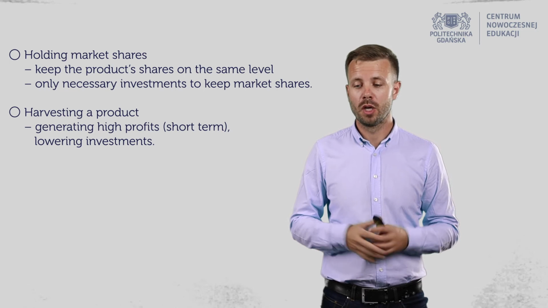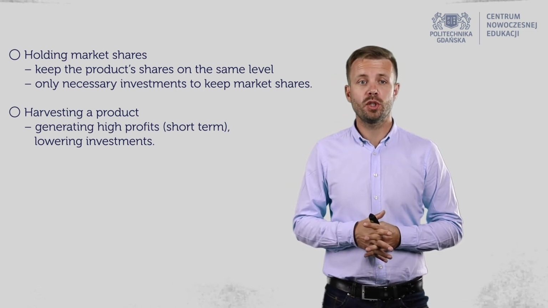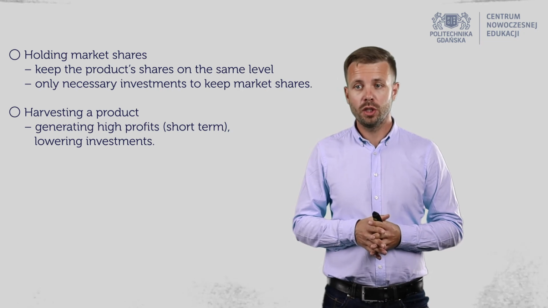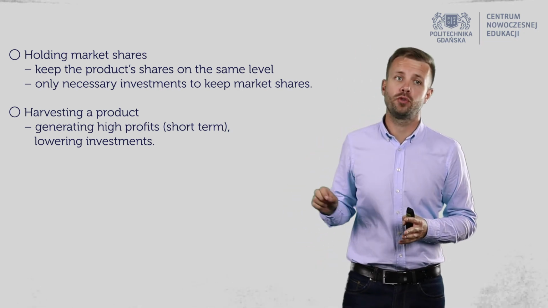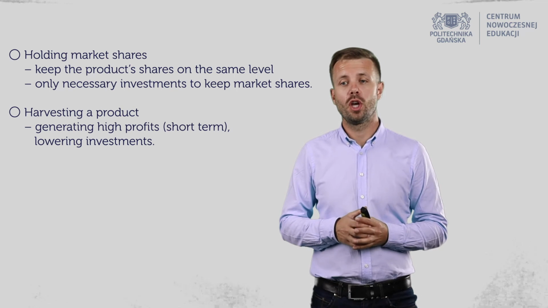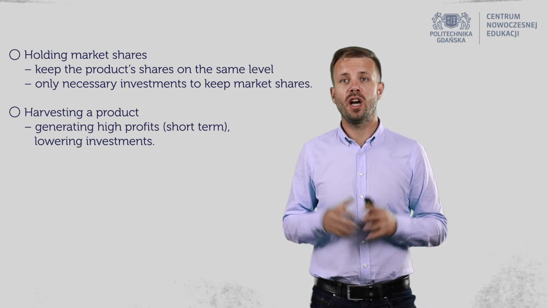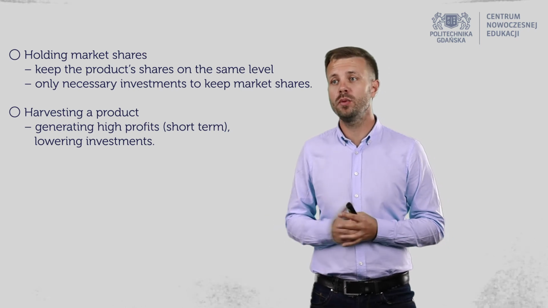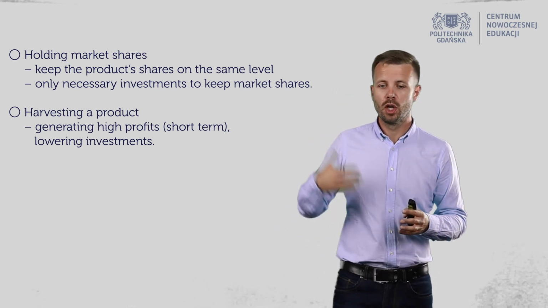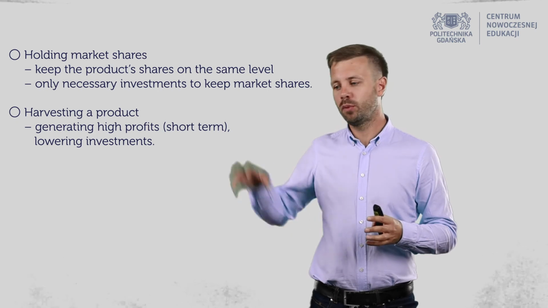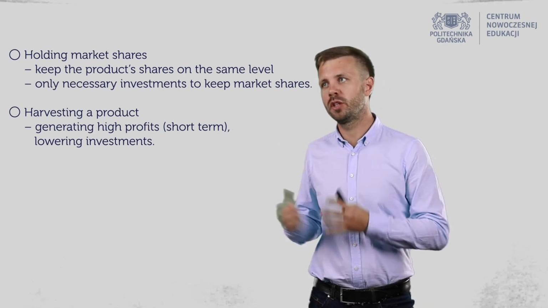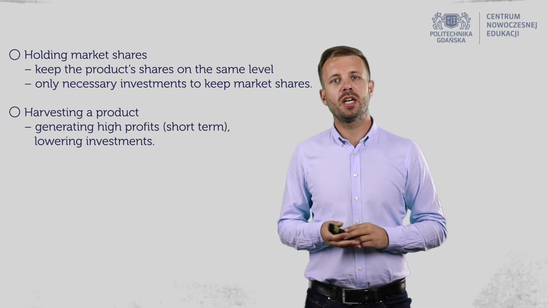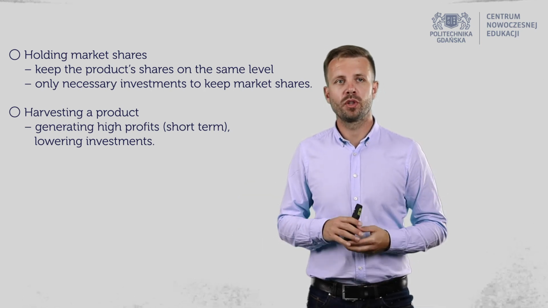So, summing up, the BCG Matrix should help you manage a company which has many different types of products, and make decisions on how to allocate resources between them. Why is it so important? I will give you the example of IBM, which decided to do this more than 20 years ago.